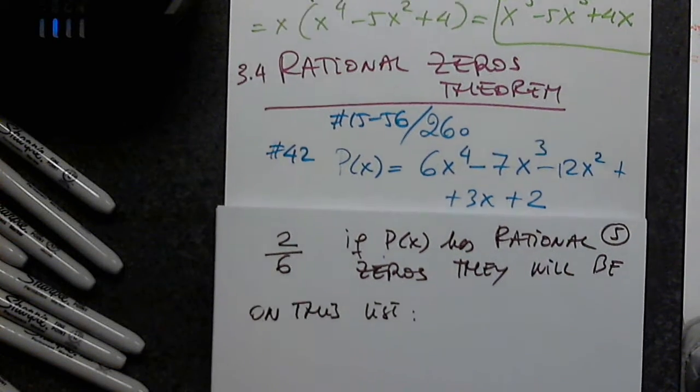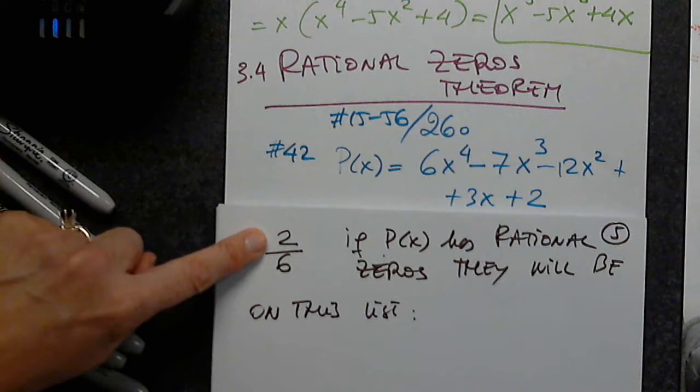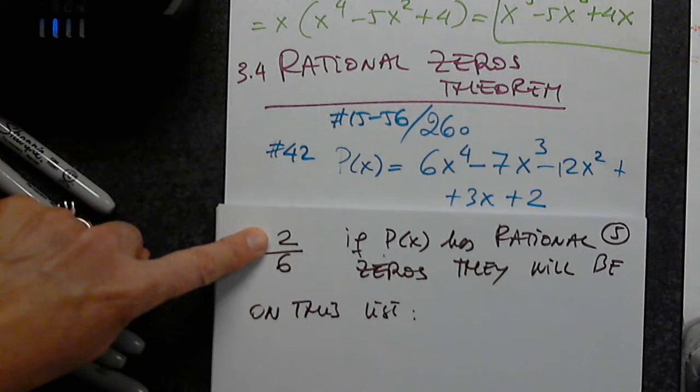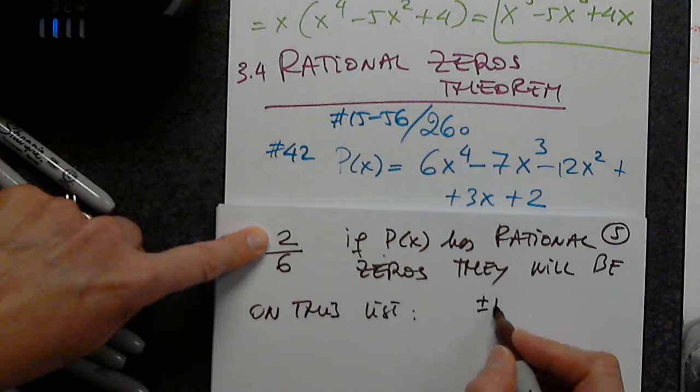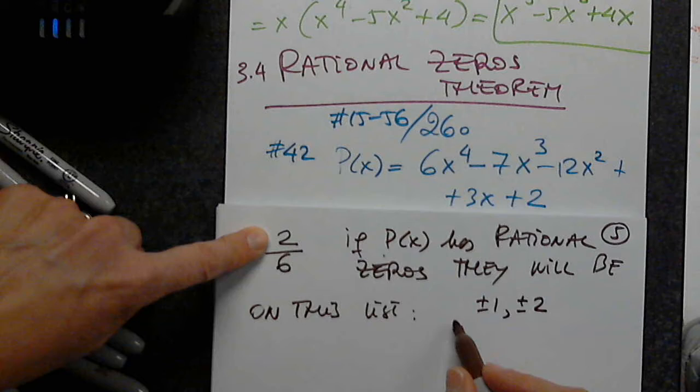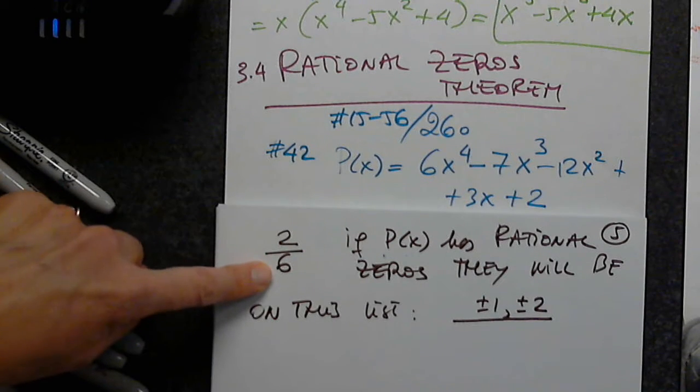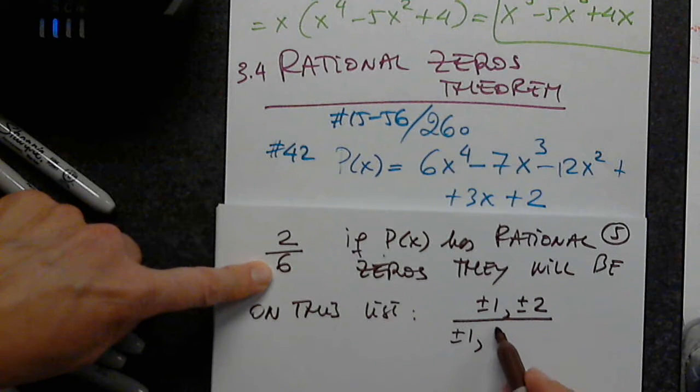Here's the list. What are the divisors of 2? Plus or minus 1, plus or minus 2. What are the divisors of 6? Plus or minus 1, plus or minus 2, plus or minus 3.